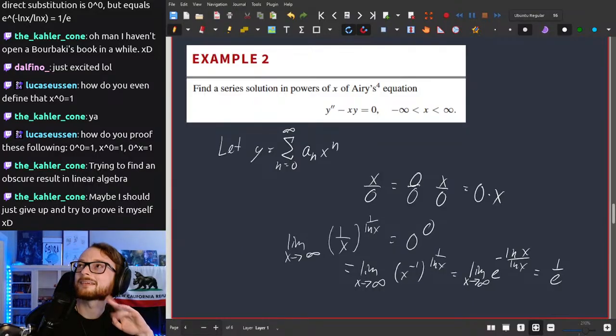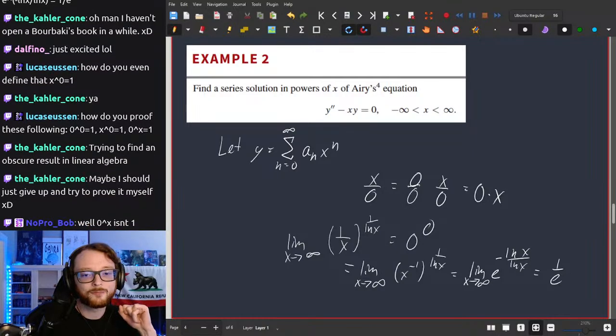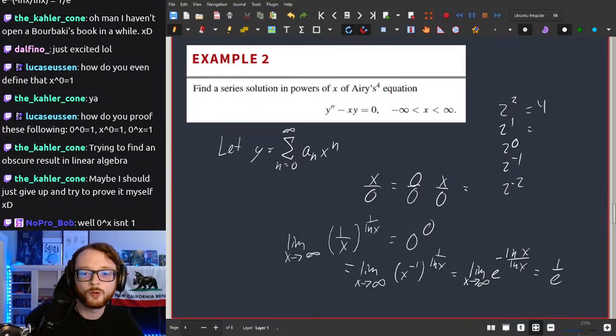I think the reason why something to the 0 is 1 might just be a definition thing. The justification that I usually use or think about is just looking at the patterns. Let's start with 2 squared, 2 to the 1, 2 to the 0, 2 to the minus 1, 2 to the minus 2. 2 squared is 4. 2 to the 1 is 2.